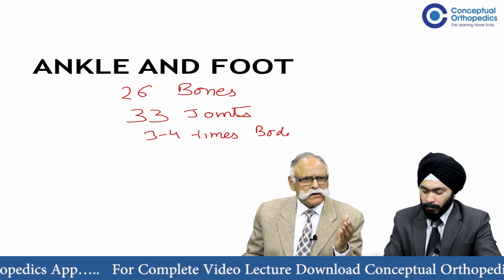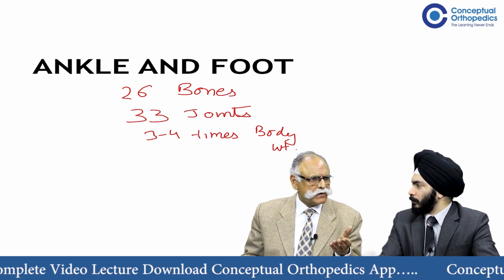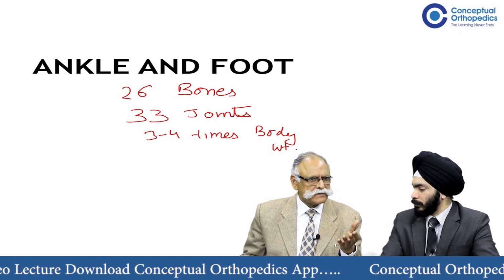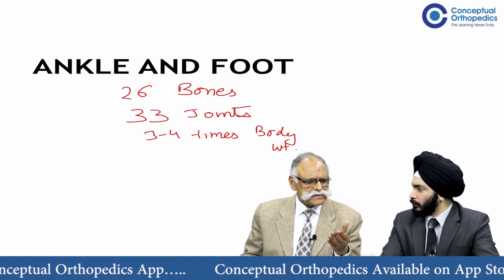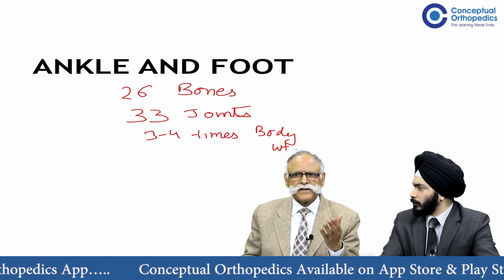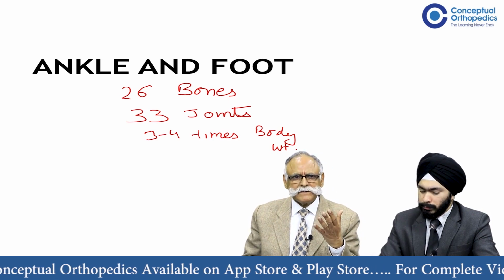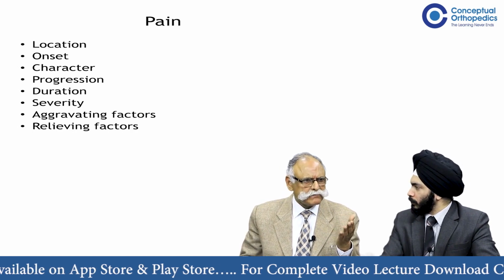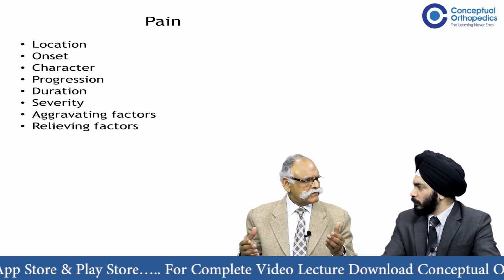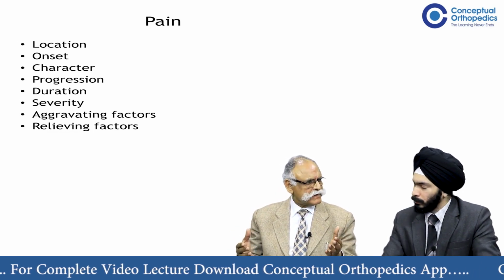A patient may present to you with a single pathology or multiple pathologies. The most important aspect is that the patient presents with pain. The pain in the foot or the ankle could be diffuse or localized.